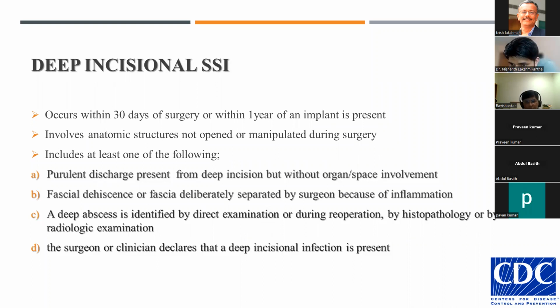It should include at least one of the following criteria: purulent discharge from the deep incision but without organ or space involvement; fascial dehiscence or fascia deliberately separated by the surgeon because of the inflammation; a deep abscess identified by direct examination, during reoperation, by histopathology, or by radiological examination; or the surgeon or clinician declares that it is a deep incisional infection.